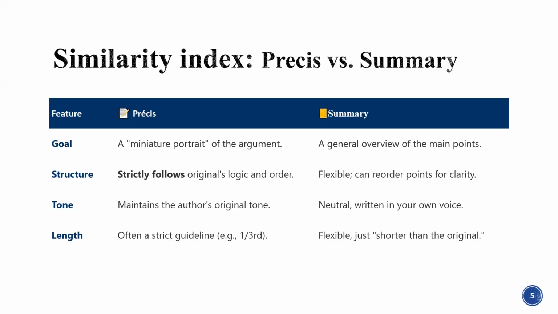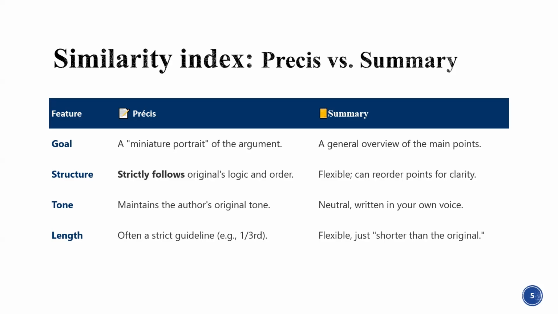For example, if it is 100 words, then your Precis might consist of 33 words only, or a text of 33 lines only. So that is the basic guideline.